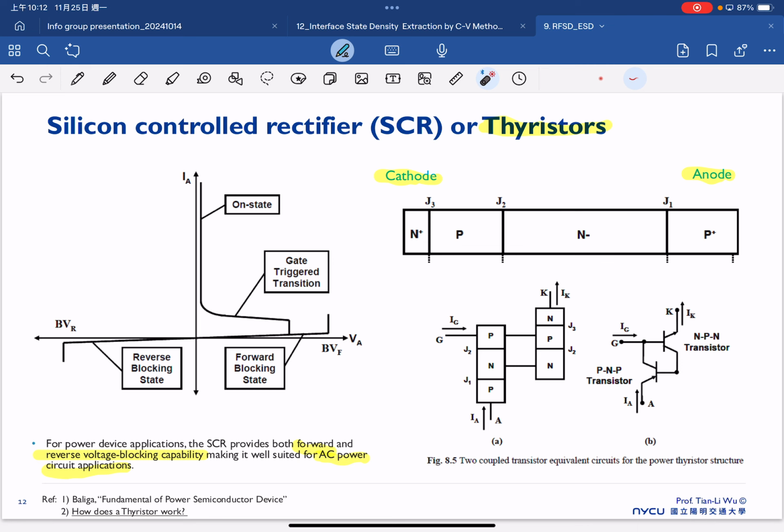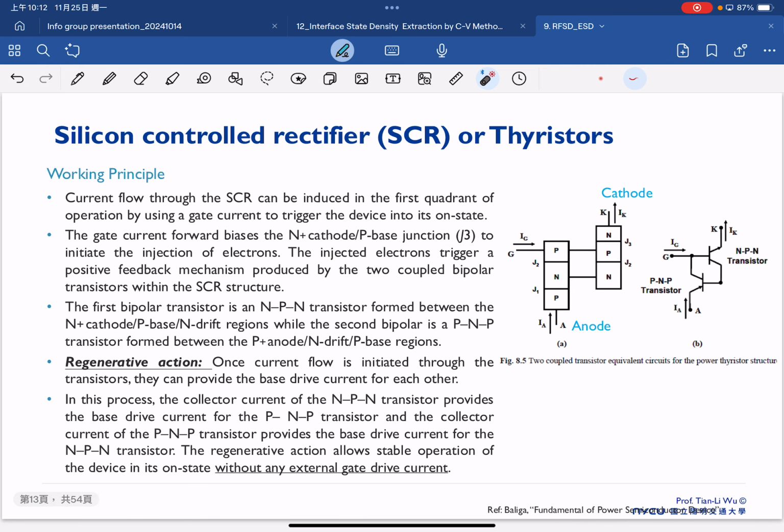Now we will use this circuit schematic to understand the working principle. There is a lot of text here, but don't worry, the text is just for you to review later. Here we will mainly use this circuit schematic to understand the working principle.